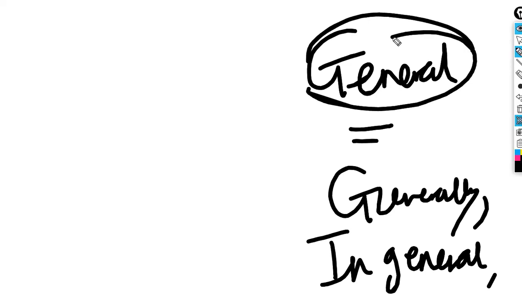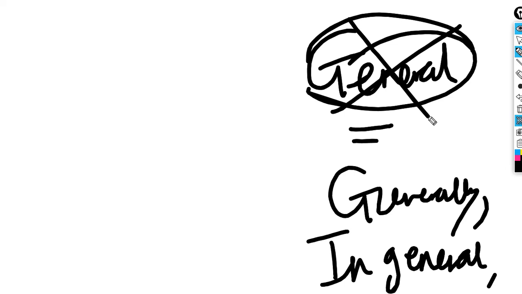General, I do not know what part of speech that is. This thing is general. It is an adjective, is it not? But generally is rather trying to give you that aspect of normally, like it is this and this, as in usually. But general means it is not specific, while this one means usually.